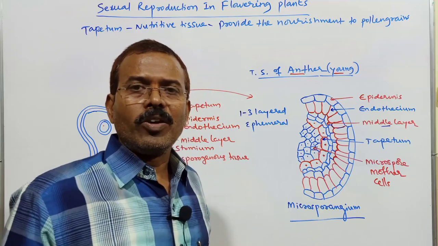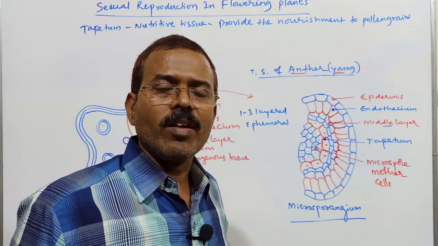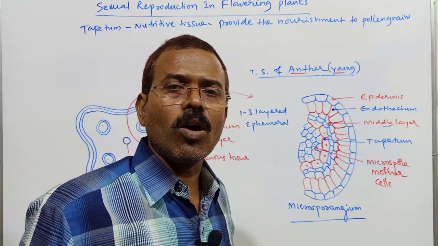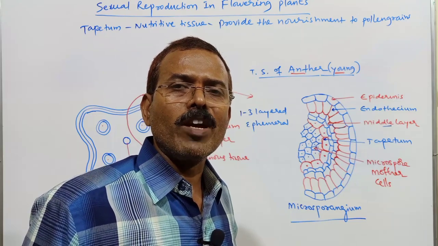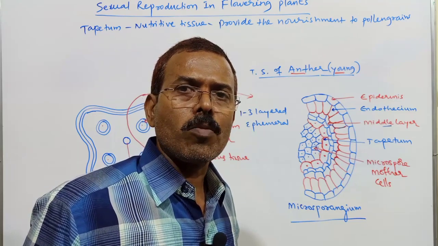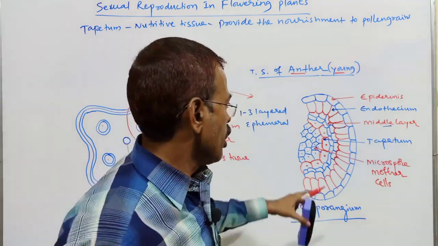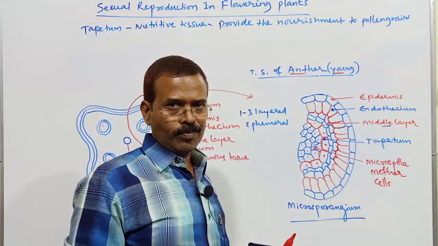The main function of the tapetum is to provide nourishment or food material to the developing pollen grains. Pollen grains or microspores are formed from the microspore mother cells.